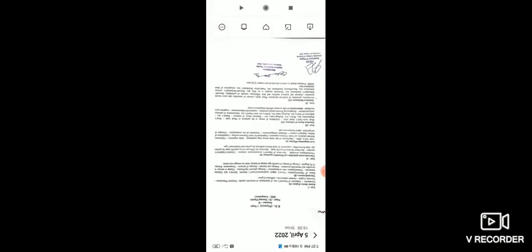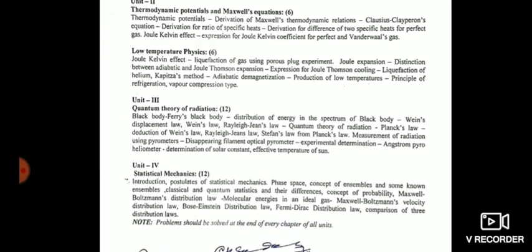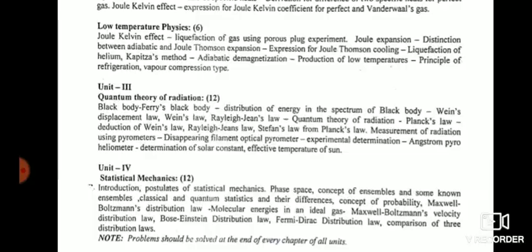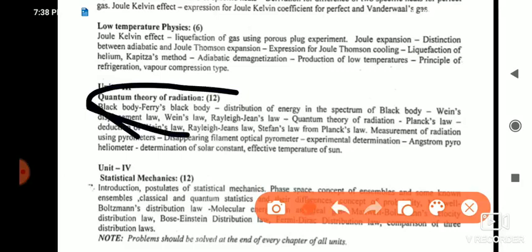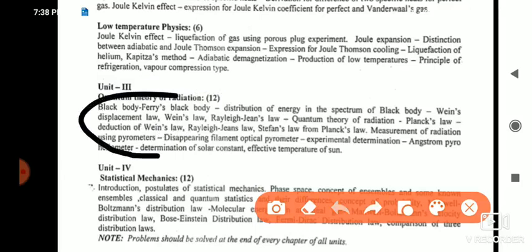If you see here, the third unit is divided into two parts.